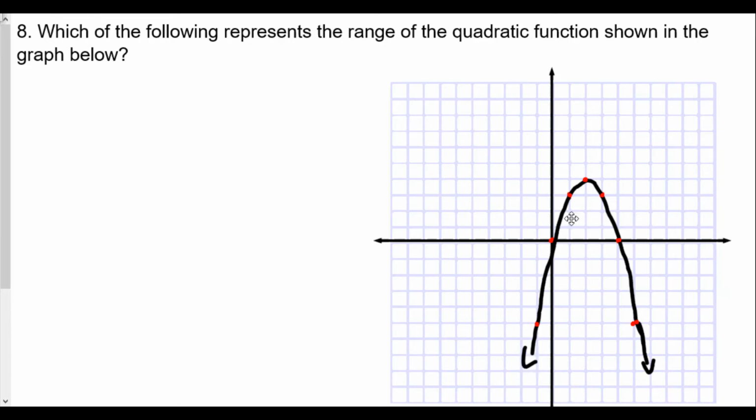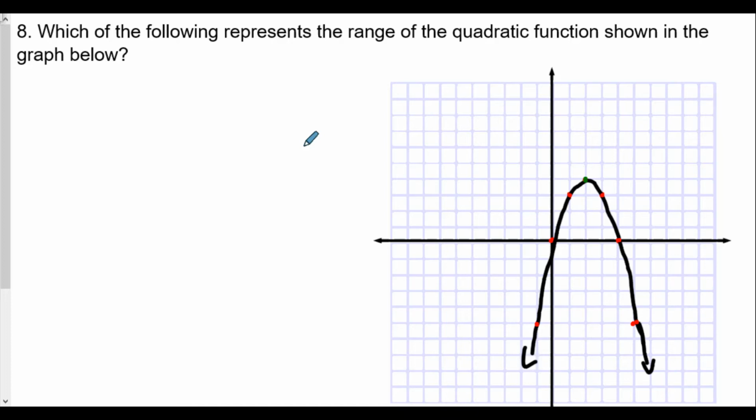But it reaches a maximum value here, and this maximum value is at a y value of 1, 2, 3, 4. This is the highest y value; it doesn't get any higher than that.